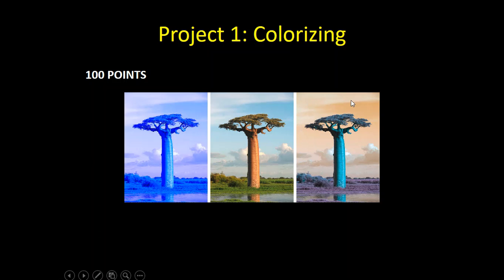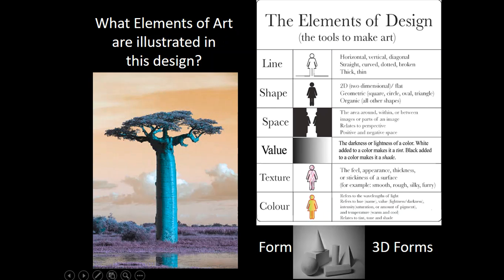You'll notice that the sky is peach, the tree is a bluish green hue, and the foliage that you see is a lavender hue. So the student had to use their selection skills to select the 3 separate areas and colorize them separately. So that was the task that you had this week.